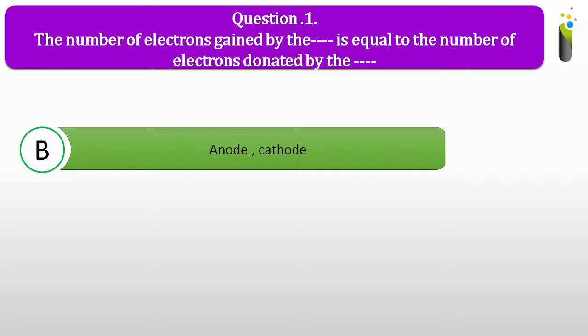So the correct answer for this question is B. The number of electrons gained by the anode is equal to the number of electrons donated by the cathode. Okay, so the answer here is anode and cathode.